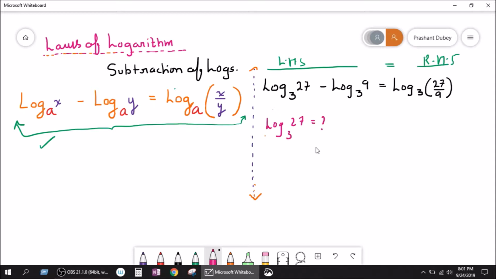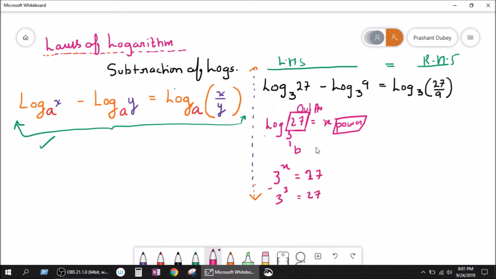In our previous videos we have already learned that this 3 is the base and this 27 is the output, or we can say the answer, and this x is the power. This is how we write log form. So this is equal to the base 3 to the power x is equal to 27. So 3 to the power how much equals 27? 3 to the power 3 is equal to 27.